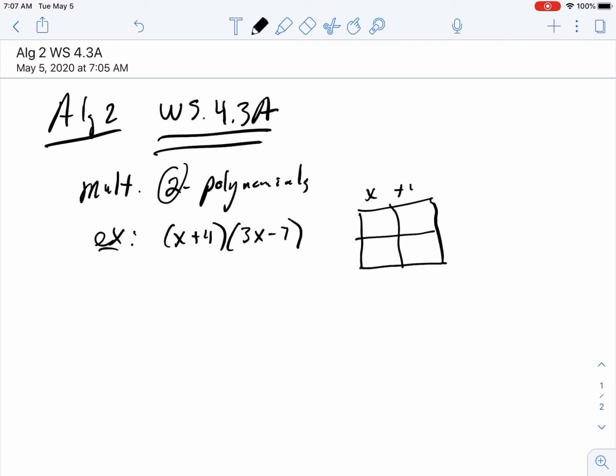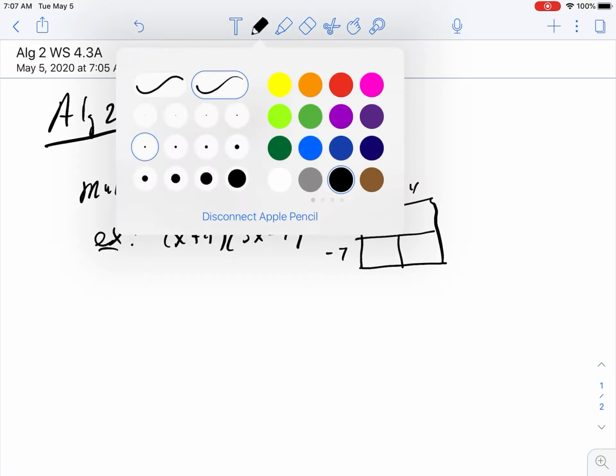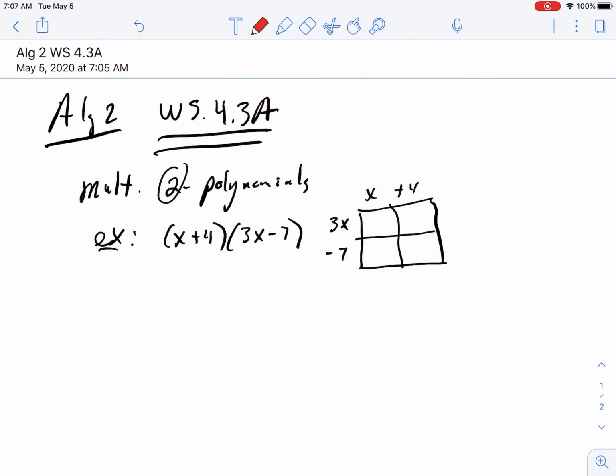So therefore we have 3x squared plus 12x minus 7x minus 28, and that is 3x squared plus 5x minus 28.